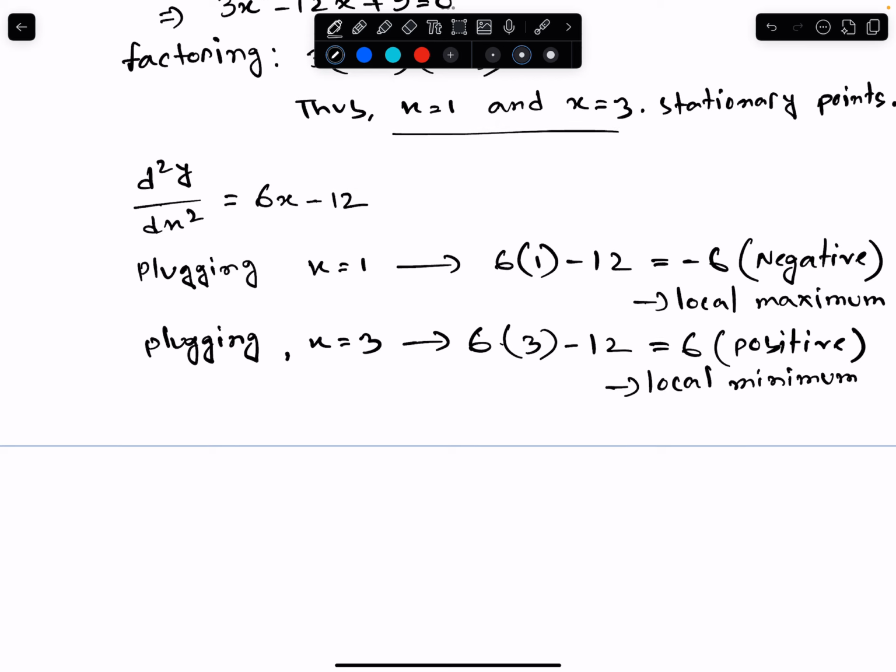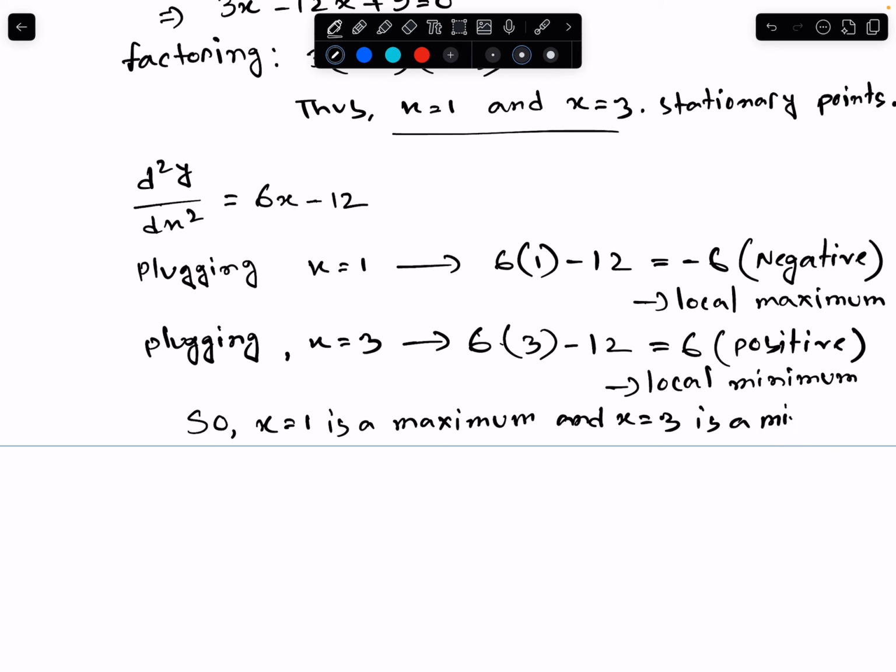So we can say x equal to 1 is a maximum, and x equal to 3 is a minimum.